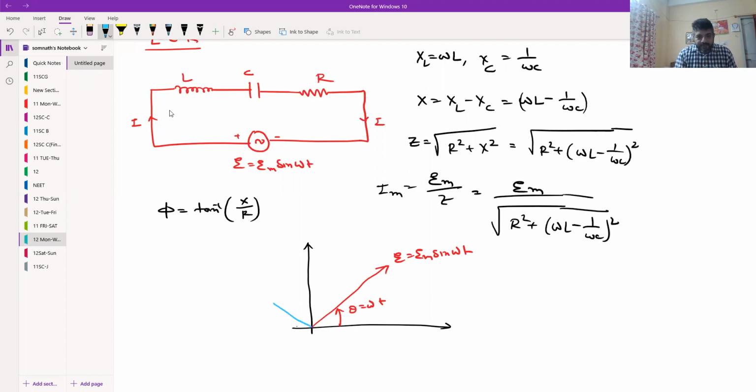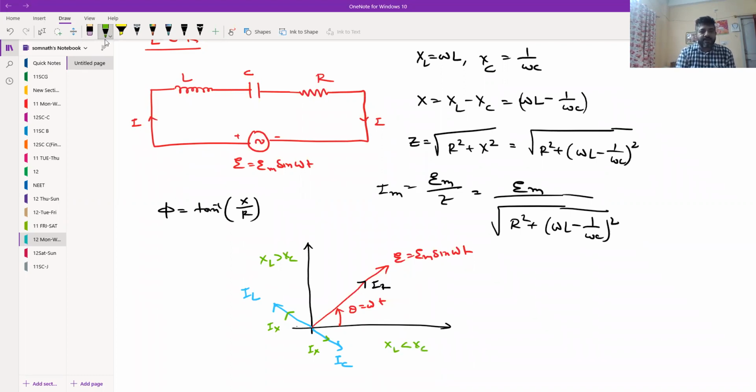So this is my IL, this is my IC, and I am representing the pure resistance current by the black ink. I don't know which one is greater, so I can write Ix on this side or that side by the green ink. If Ix is on this side, that means XL is greater than XC, and if Ix is on this side, that means XL is less than XC, meaning XC is greater.